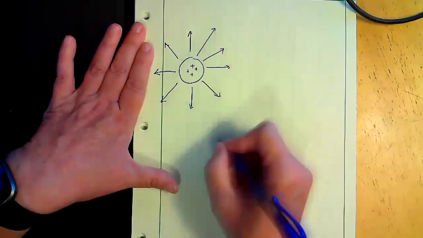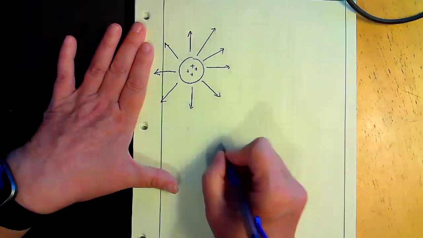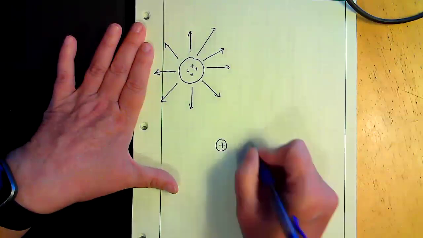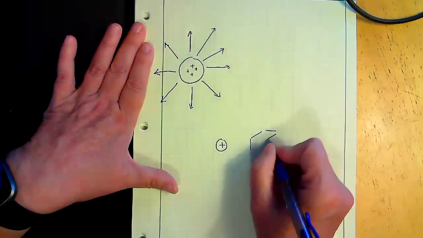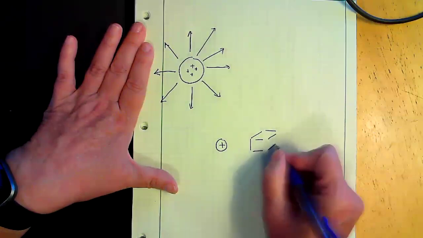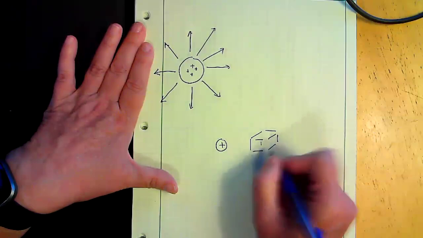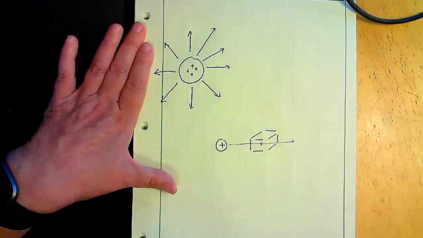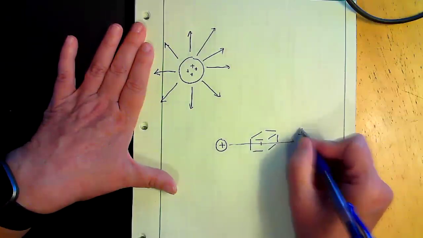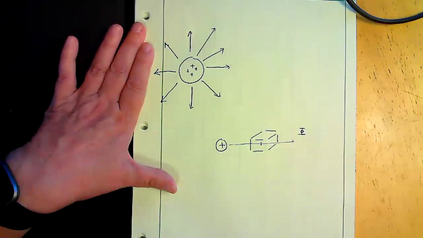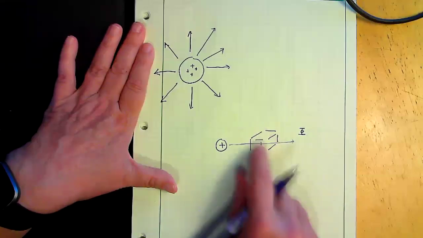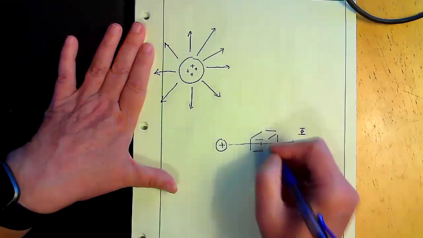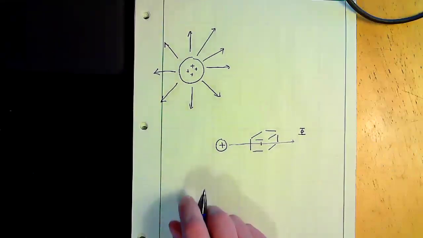But what Gauss's law is telling us is if I have a charge outside of my box, the charge goes in and it goes out. And if there's no charge in here, I'm not going to have a flux through my box. My flux is going to be dependent on what the charges are on the inside.